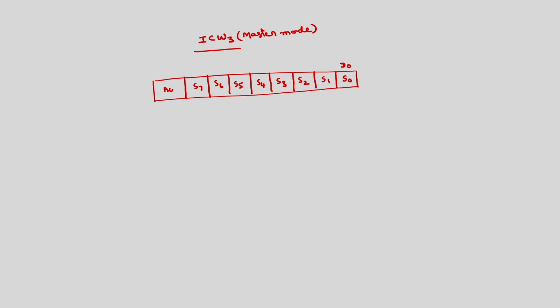This is A0, and A0 should be 1 for ICW3. This is D0, D1, D2, up to D7.